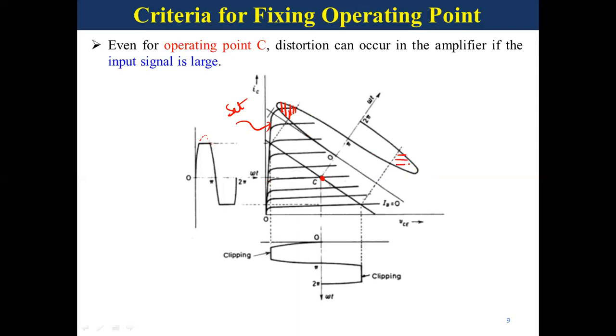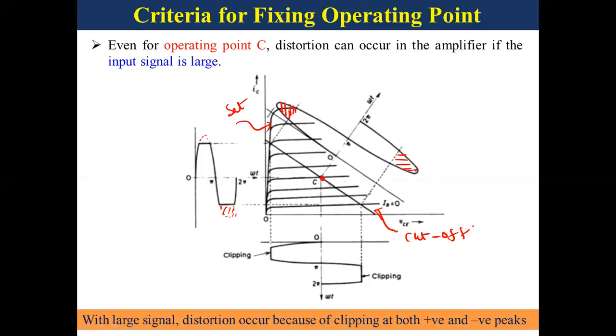And for this portion, the transistor is operated in the cutoff region, so the negative peak is clipped out. So even though the operating point is at C, because of a very large input signal, for the positive peak the transistor is operated in the saturation region and positive peaks are clipped out, and for the negative peak the transistor is operated in the cutoff region so that the negative peaks are clipped out.